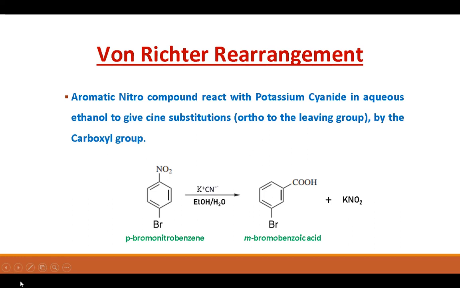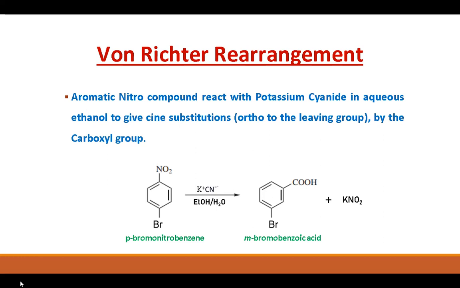Von Richter rearrangement. Von Richter rearrangement is a name reaction in organic chemistry. It is named after Victor von Richter, who discovered this reaction in the year 1871.